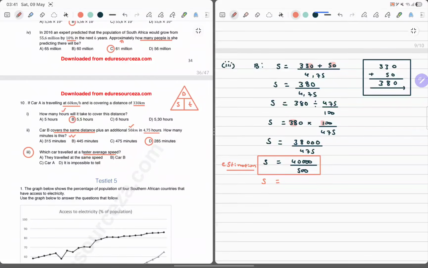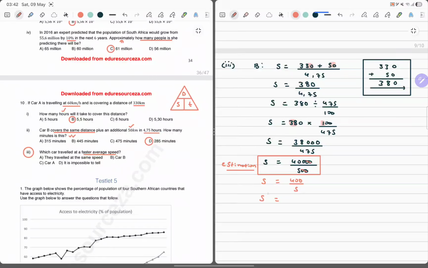Now, since we increased them, we know that this one and that one cancel. So we end up with 400 divided by 5, so to speak.